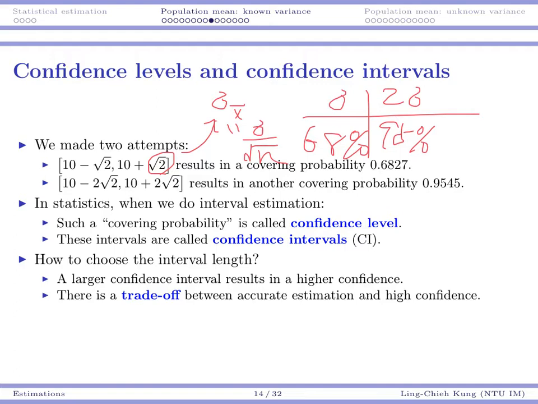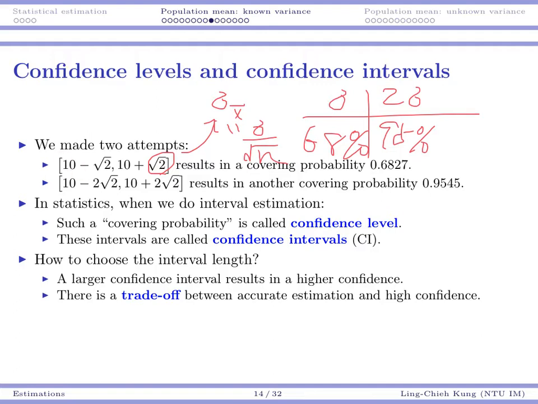But what we care about is the interval length. A larger confidence interval will give us higher confidence, but a larger confidence interval is somehow inaccurate. So we always face a trade-off between accurate estimation and high confidence.